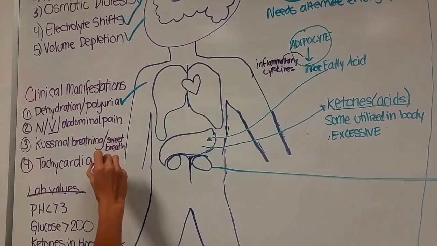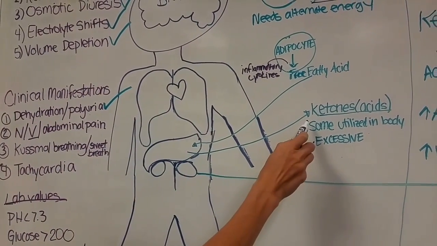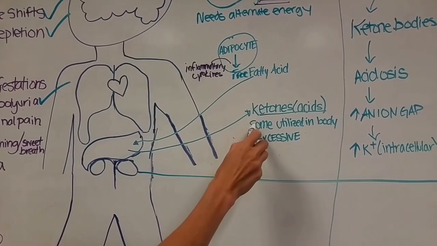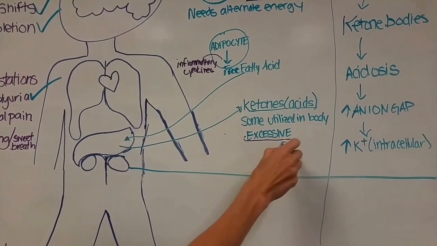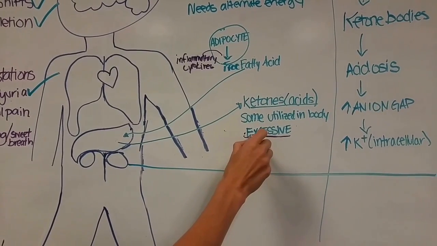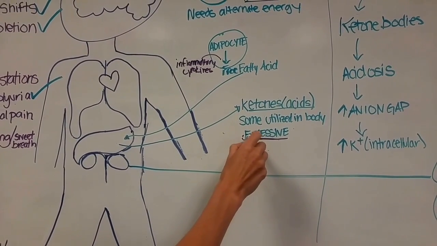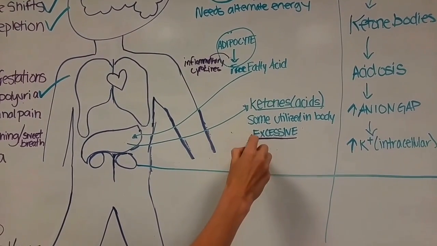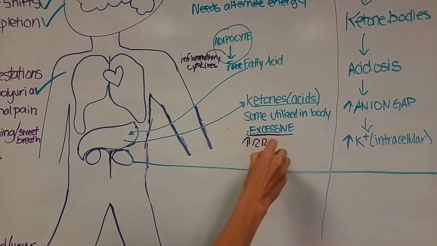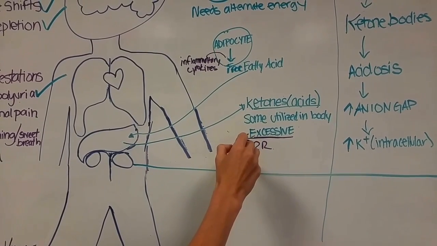Next, as we said before, the body's trying to compensate. So when there's excessive amounts of ketones, the body is going to try and get rid of these. One way that it does that is by increasing the respiratory rate, the Kussmaul breathing.